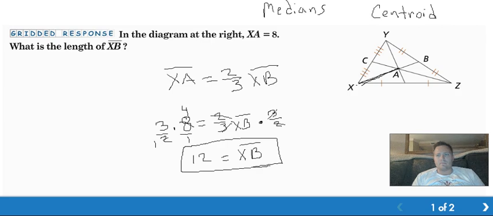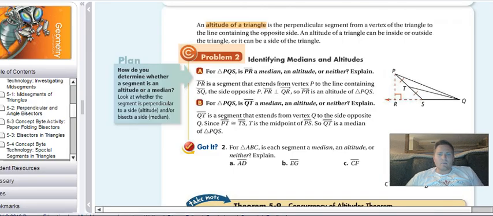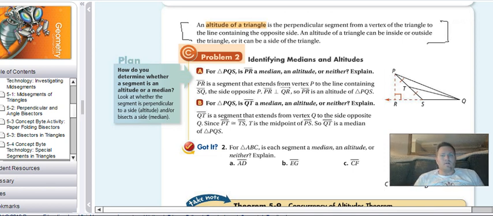Okay? Alright, so the next thing that we're going to talk about is altitudes of a triangle. So I want you to write down this little paragraph right here. It says an altitude of a triangle is the perpendicular segment, so really important, it's perpendicular, makes a 90-degree segment from the vertex of the triangle to the line containing the opposite side.